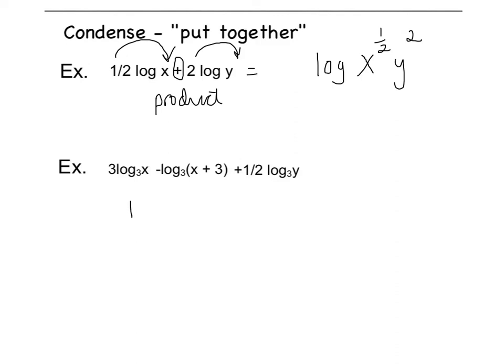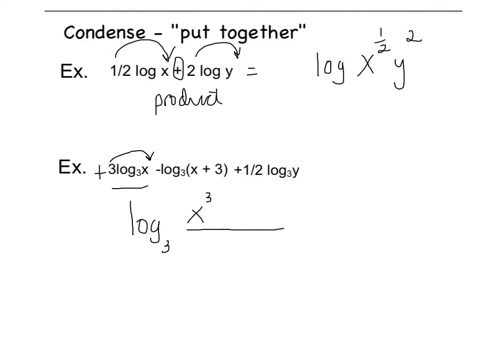So I'm going to write log to the base 3, and then I'm going to go ahead and draw a line here, and then I'm going to work left to right, just like you read. This first one here is x. Notice that this is the power rule, so that would be x to the 3rd. Now, it's not written here, but that's positive. You agree? There's no minus sign there. So that goes in the numerator.